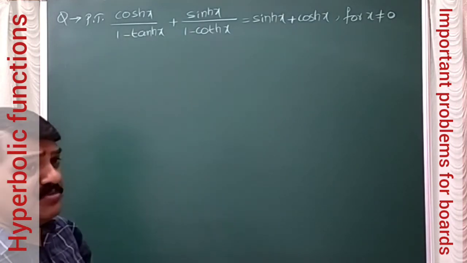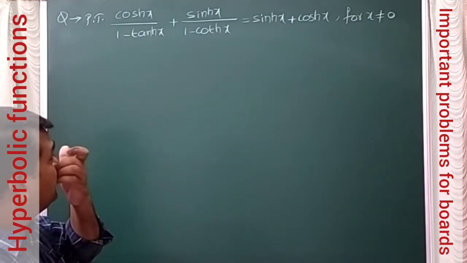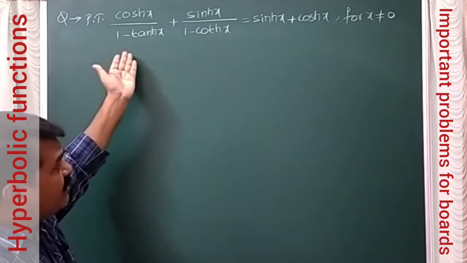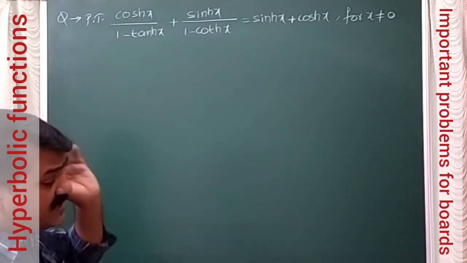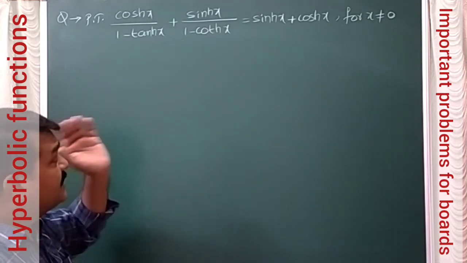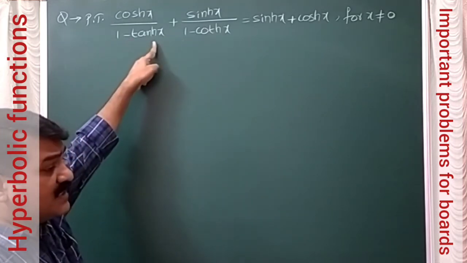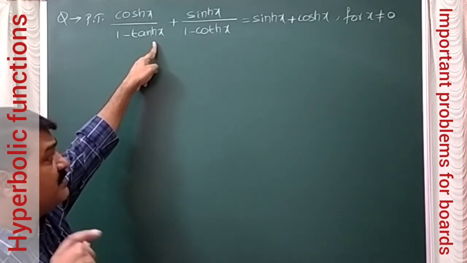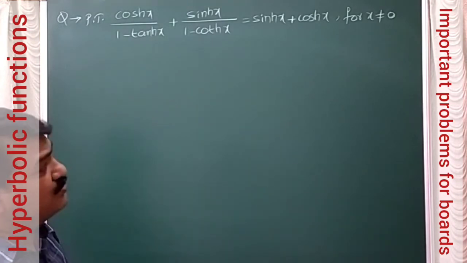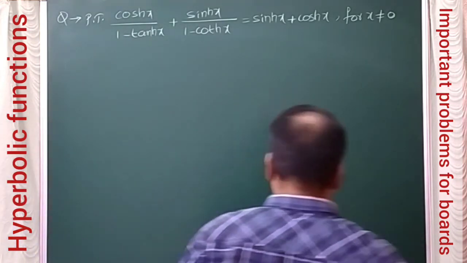So clearly x cannot be 0, because if x is 0, there is a problem of denominator becoming 0. So if x is 0, what is tan hx? Tan hx becomes e power 0 minus e power 0 by e power 0 plus e power 0. What is cot hx?